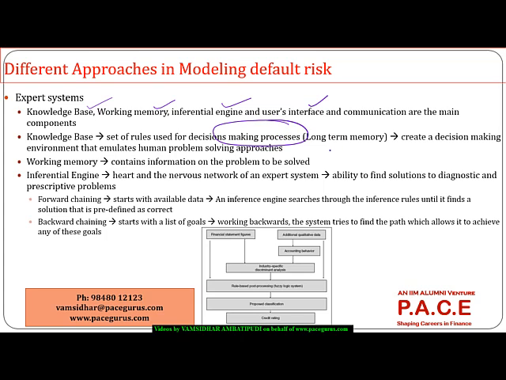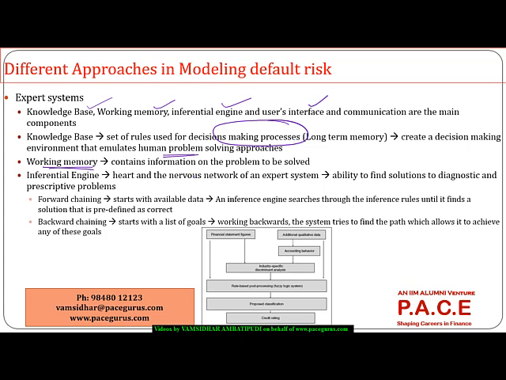It's a long-term memory. That is what we call a knowledge base: a decision making environment that emulates human problem solving approaches. Based on that knowledge base, the decisions are typically taken.